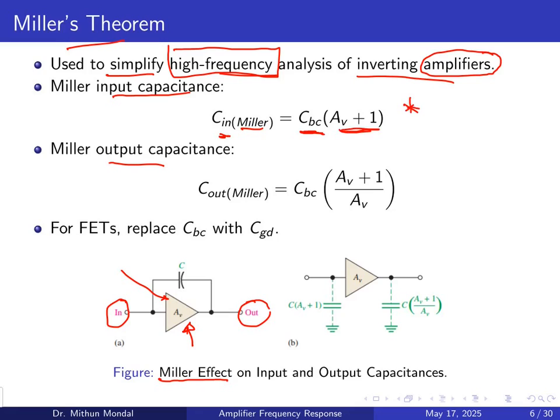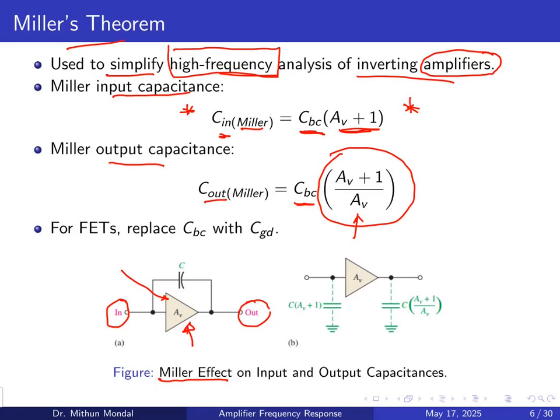I am not introducing the derivation here; you can check it in the book. We are more interested in the final outcome. The Miller output capacitance is given by CBC, base to collector, multiplied by a gain factor, which is (AV plus 1) by AV. AV is the voltage gain.